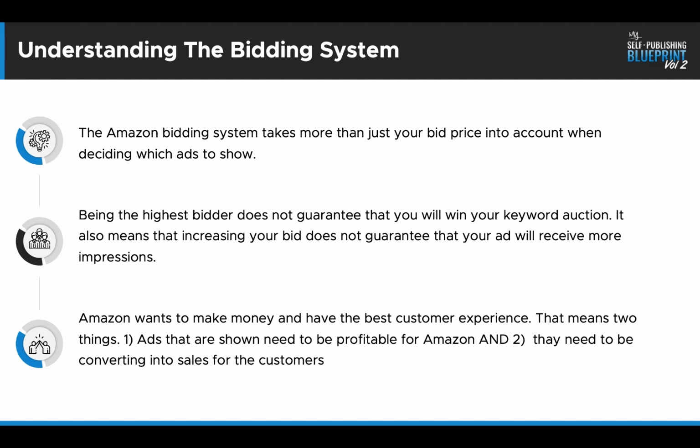So two things have to happen. One, your ads that are shown need to be profitable for Amazon, so Amazon has to make money. And the second thing, they need to be converting into sales for the customer. They have to be giving the customer the best shopping experience as well. Those are the two things that have to happen.